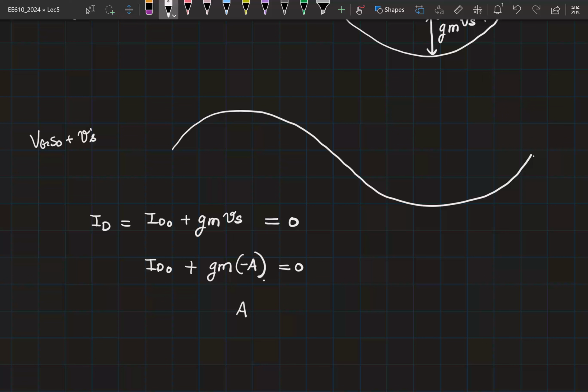A should be ID naught by Gm, right? Should it be lesser than or greater than? A has to be lesser than ID naught by Gm. So if you really want your total current through the transistor to be greater than 0, you get the condition that A has to be lesser than ID naught by Gm.